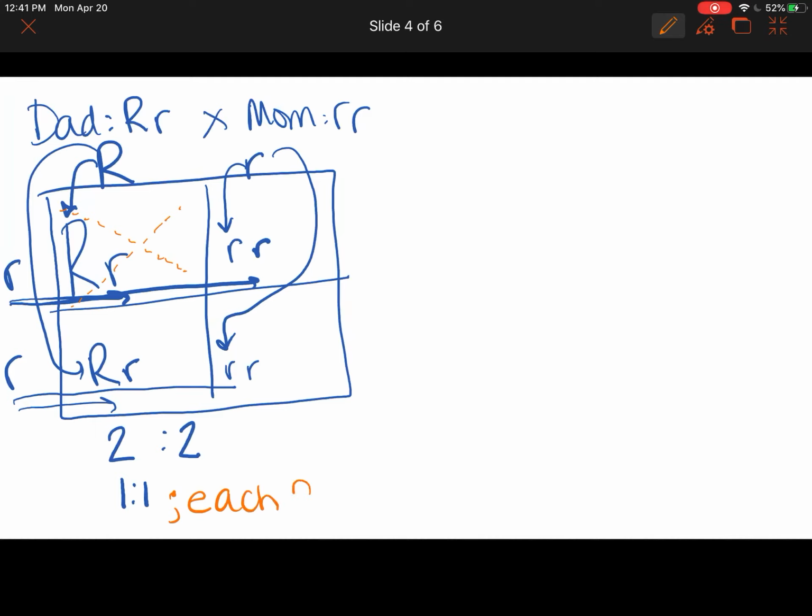Each fertilization event is independent.